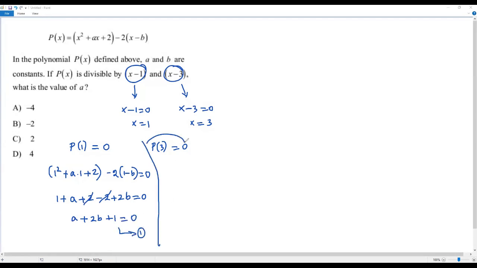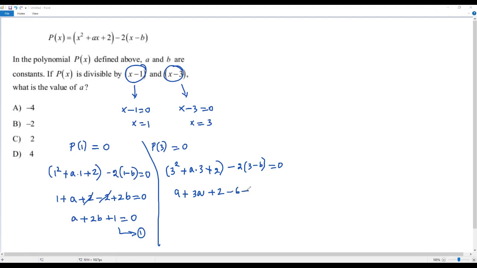Now we have to do the same thing for P of 3 equals 0. So to get P of 3, we have to plug in this 3 for x into the given polynomial function. Then I'm getting 3 squared plus a times 3 plus 2 minus 2 times (3 minus b) equals 0. Here the value of 3 squared is 9, and a times 3 can be written as 3a, plus 2, and we can distribute this negative 2 to the 3 and negative b.